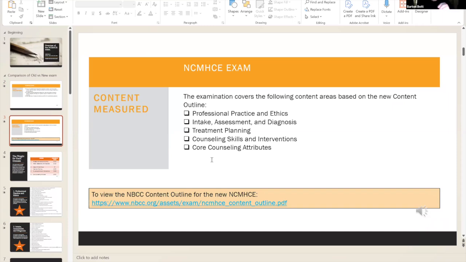Professional practice and ethics, intake assessment and diagnosis, treatment planning, core counseling skills and interventions, and core counseling attributes. If you go to this hyperlink, that'll take you to the NBCC, and you could look at a greater in-depth explanation of each of the domains.